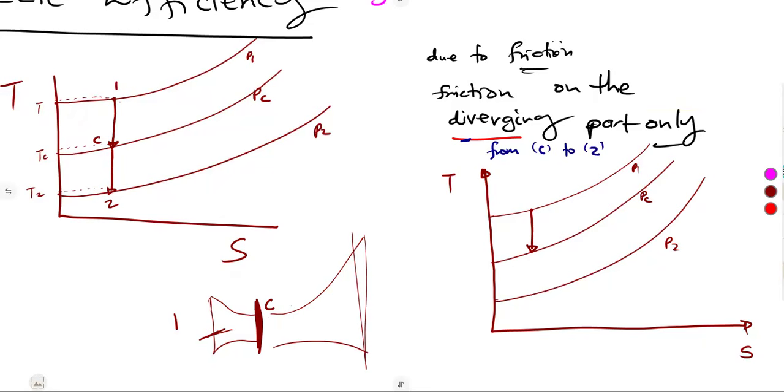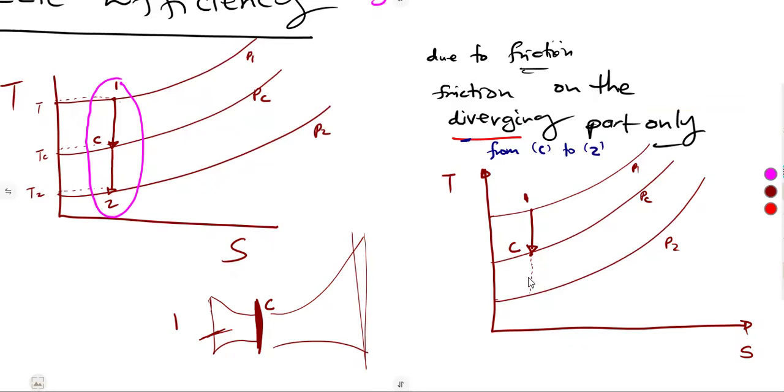So it was actually supposed to do like this. Remember these values, they were supposed to be the original values, 1, C, 2 like this. So it will move with the original value from 1. The actual value is going to be at 1. At the throat, you are going to have the actual value for C. But 2 is not going to happen like that here.